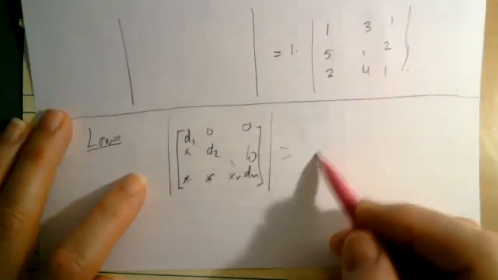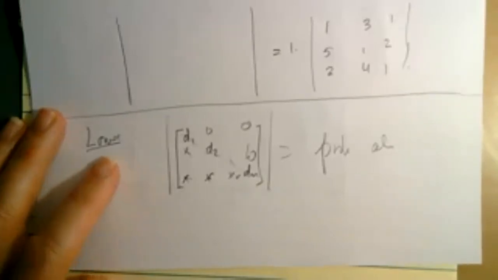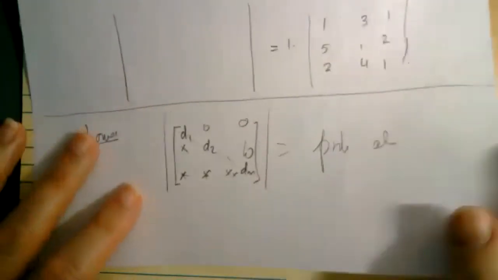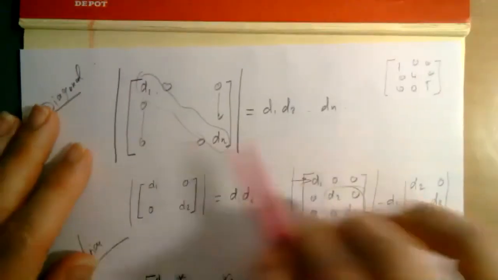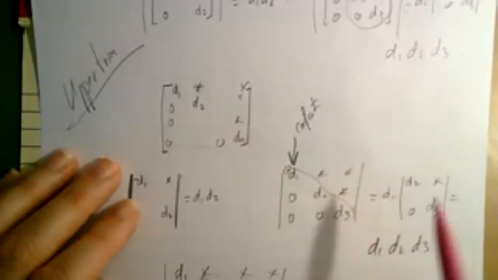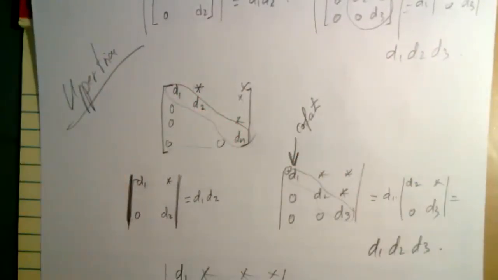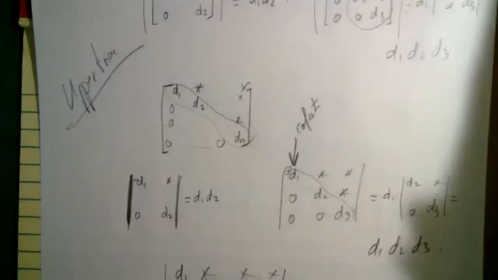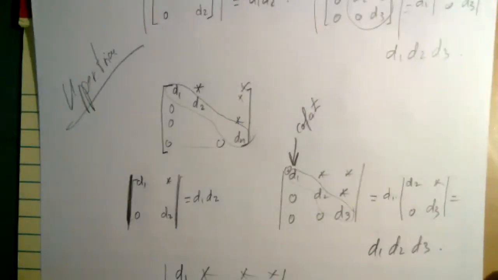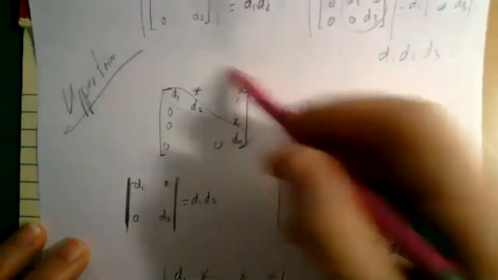Again, we can show that the determinant is the product of the terms along the diagonal. So diagonal matrices have an easy determinant, and triangular matrices also have a very easy determinant. It's just the product. Other matrices don't. The determinant is a bit more involved.